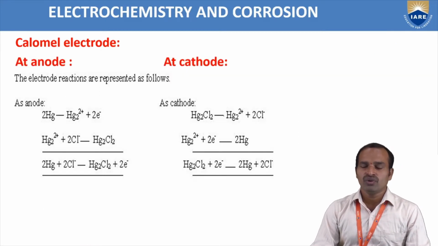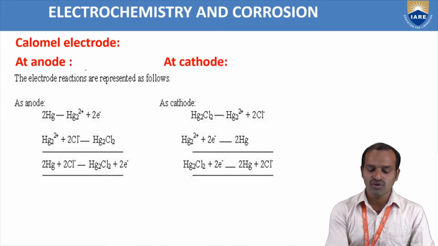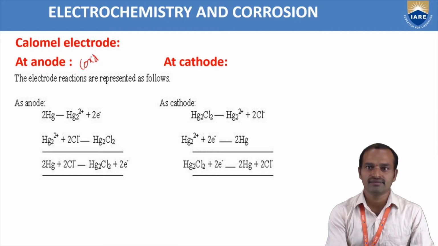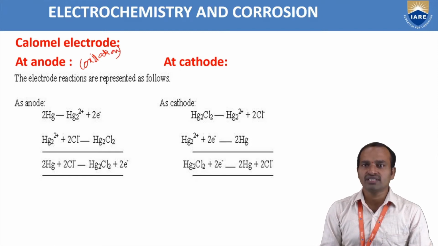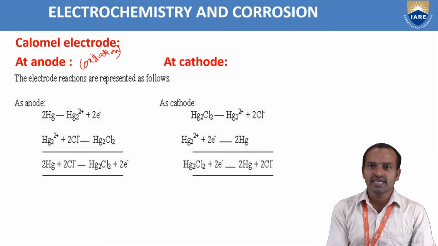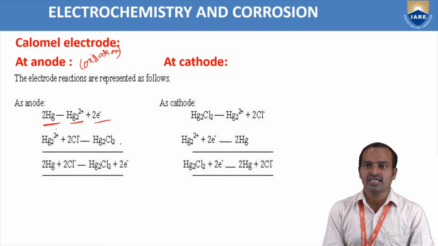In the calomel electrode, if the electrode acts as an anode, then it undergoes oxidation, that is, losing of electrons takes place. Mercury loses electrons to form mercurous ions, Hg2 2+, with liberation of 2 electrons.